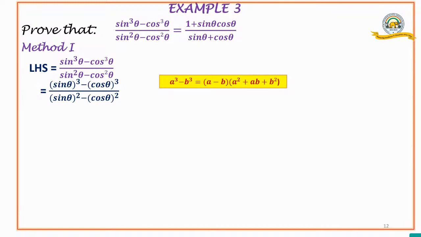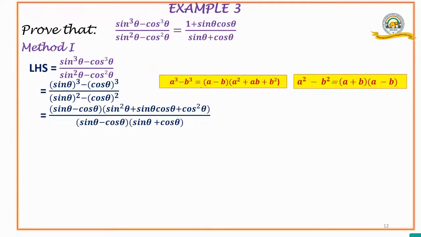So here is my formula. For a recapitulation, write them down so that you remember what to use. These two algebraic identities will be helping us to solve the sum. So we apply that. Same way as A is your sine theta, B is your cos theta. So we get sine theta minus cos theta into sine square theta plus sine theta cos theta plus cos square theta, divided by sine theta minus cos theta into sine theta plus cos theta.